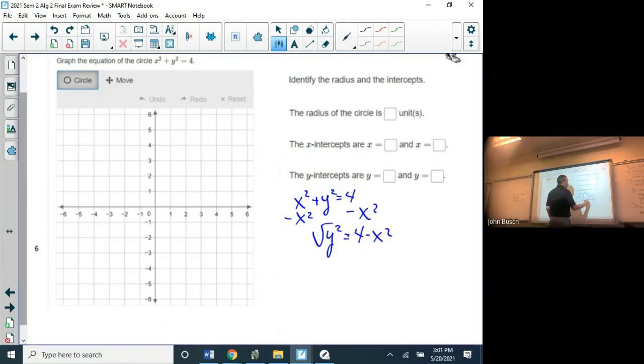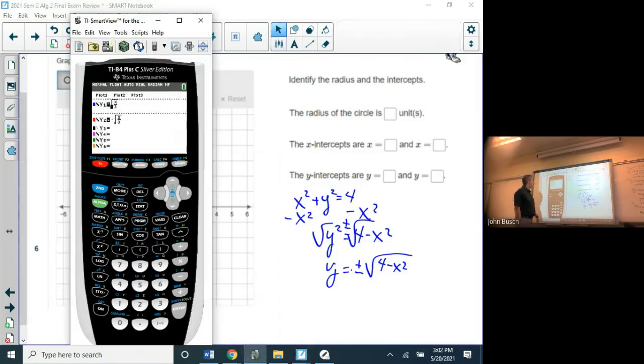Then take the square root with a plus or minus. And then you can graph that by plugging it into your calculator. The square root of 4 minus x squared, and negative the square root of 4 minus x squared.